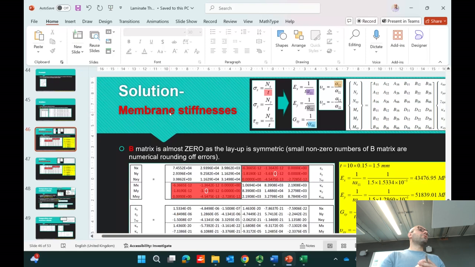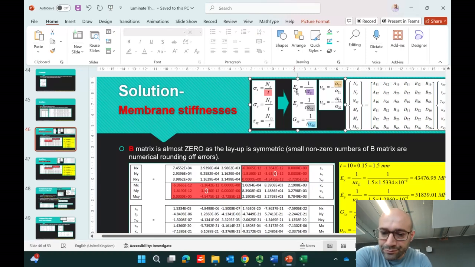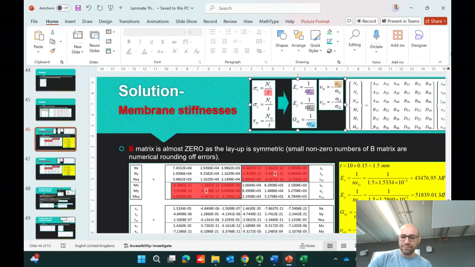The idea is to find out the total combined modulus of elasticity of the laminate, not the ply, the whole laminate. So there are some formulations that you can exploit. For instance, here, let me just put it into presentation mode so that I can annotate it.